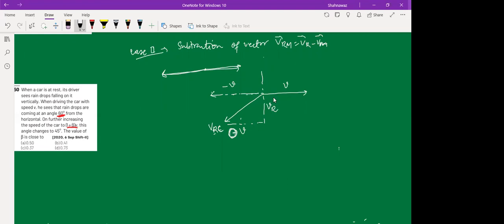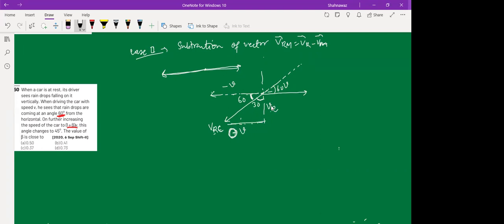Any problem? So this is 60, and these are the two lines. If this is 60, this will also be 60, opposite angles, corresponding angles. So if this is 60, this will be 30.